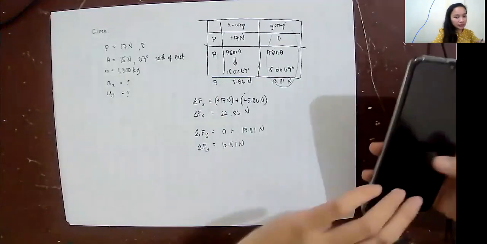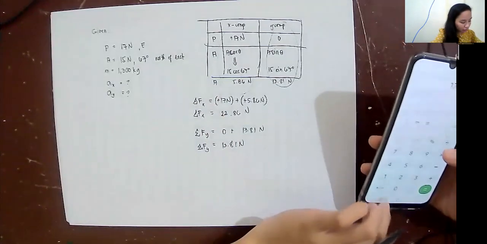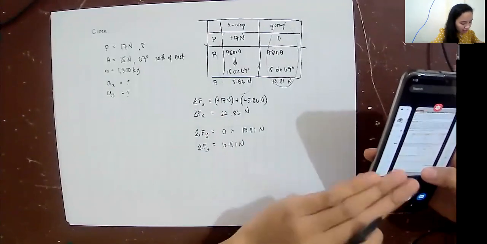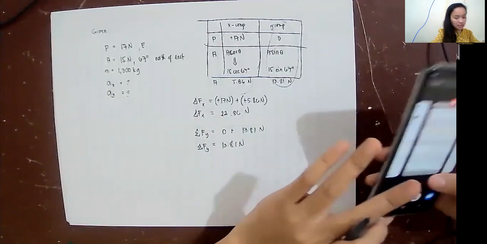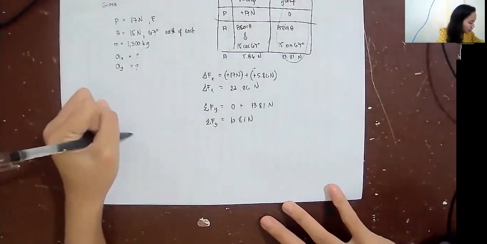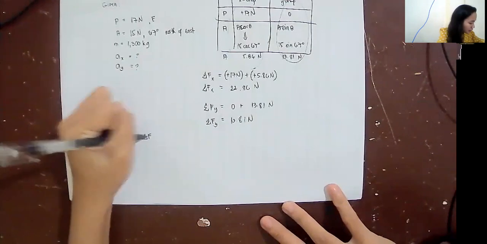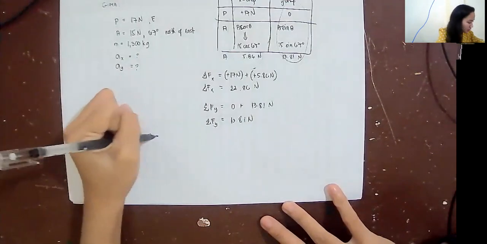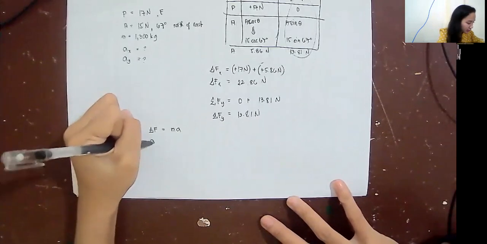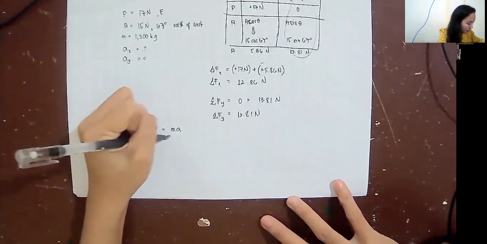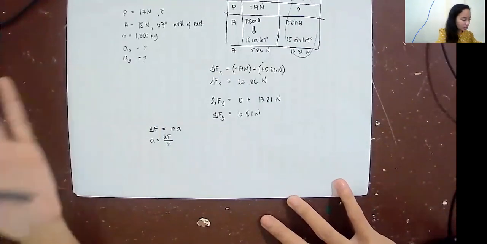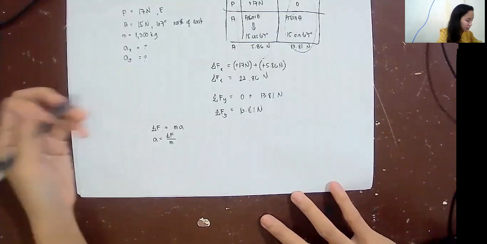Okay. Now we can solve for the acceleration with respect to x and y components. So the next step is, again, force is equivalent to mass times acceleration. So if we look for acceleration, it will be F over m. The process for this is already shown in our previous example.